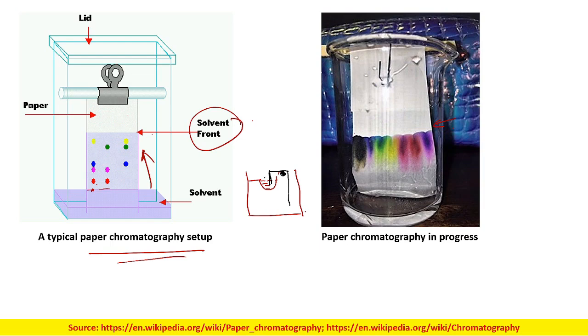So the mobile phase will be moving like this and then moving like this. So this would create a descending paper chromatography, and where you will be placing your sample spots, it will be somewhere over here. That would be your starting point. Okay.